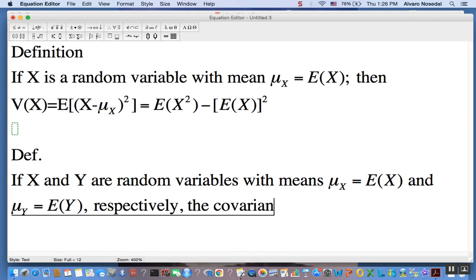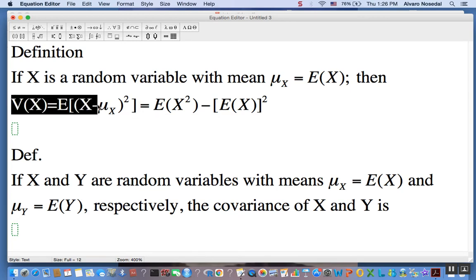The covariance of x and y is given, as you can expect, by another expected value. It is just an extension of the concept of variance.